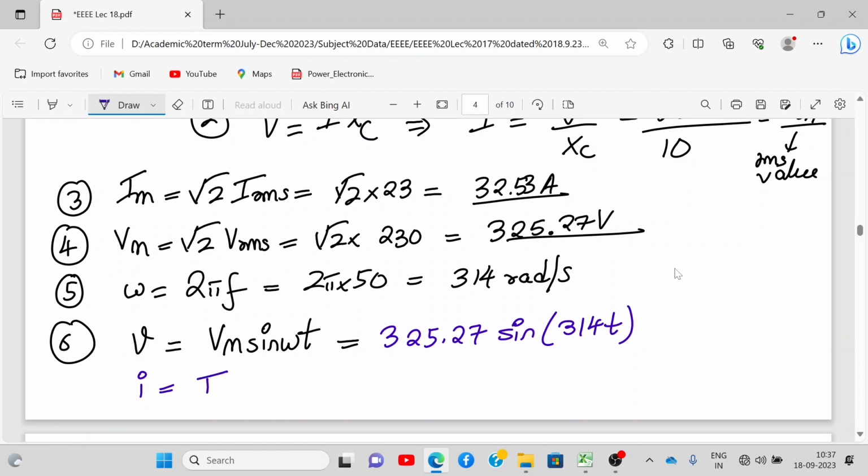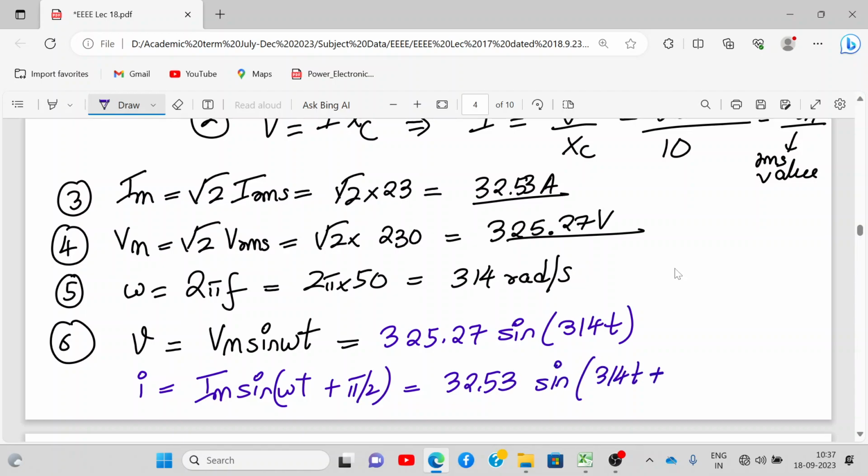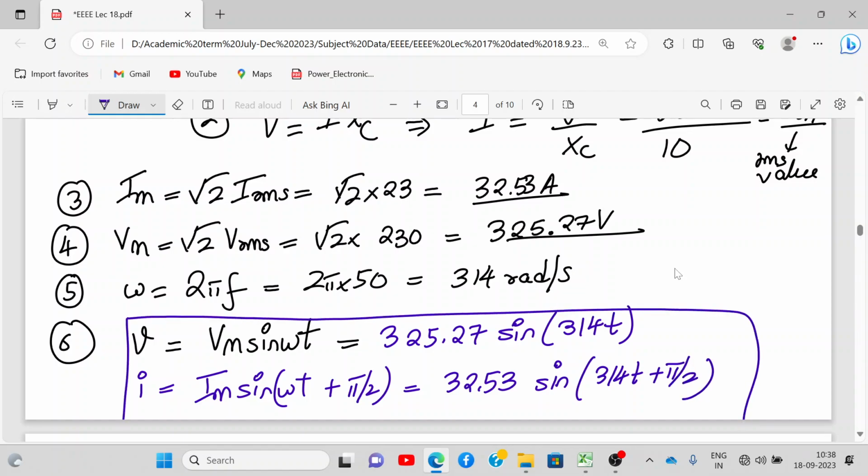Similarly, I will be Im sine of omega t plus or minus, it will be plus over here, omega t plus pi by 2. So it will be 32.53 sine of 314t plus pi by 2. So these are my expressions of AC voltage and current.